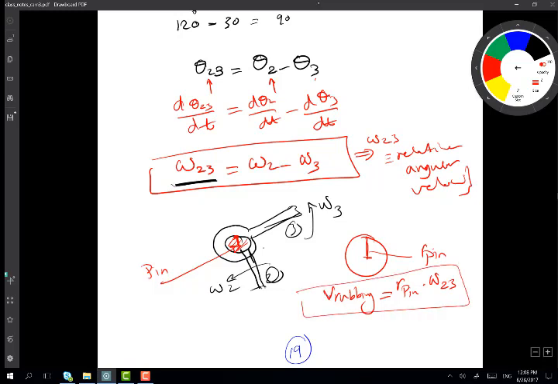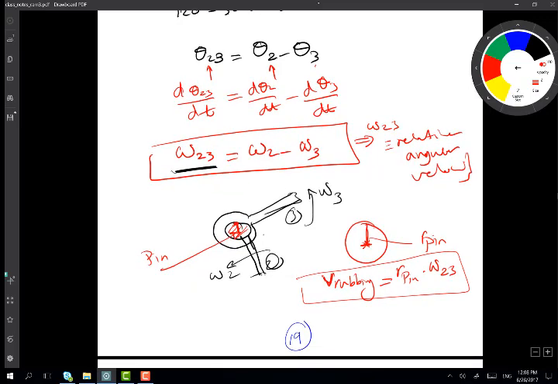This is V rubbing, which gives me some info on the endurance of the pin material when you design the pin. The friction losses can also be calculated when you have this information, besides the coefficient of friction and the pin.